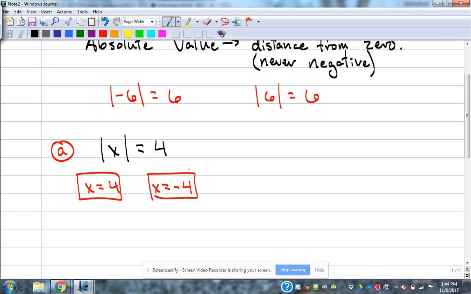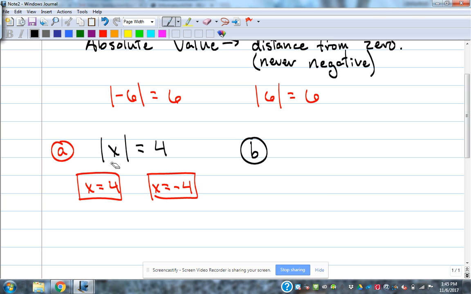It's -4 because if I put a -4 in the place of x, the absolute value of -4 is 4. So -4 still works as a solution. Yes, we're trying to find out what x is.